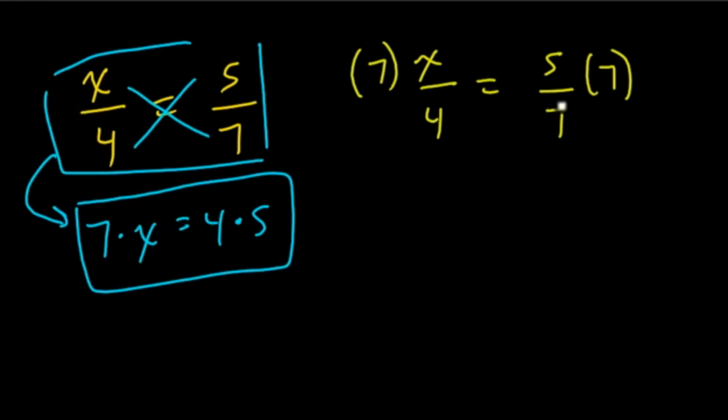Because here, if we're dividing by 7, right, this line with a 7 here means divide by 7, and then we're multiplying by 7, this cancels out to 1. And in that way, we can now multiply 7 by x to get 7x. And the same works for the 4. I'm not just multiplying 4 by 5 and that's it.